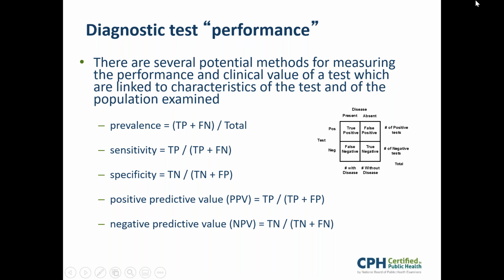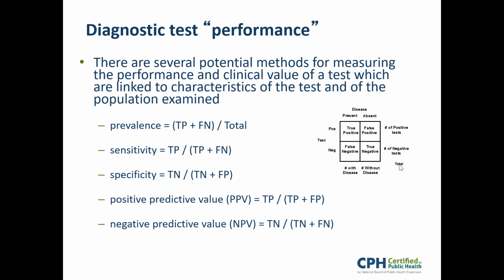When you look at the true positives along with the false negatives, these are all the people with the disease, and you divide them by the total population to get the prevalence of disease. As Dr. Wilson said, these are the people who have the disease at a certain point in time. So true positives plus false negatives divided by the total population gives you the prevalence of the condition.